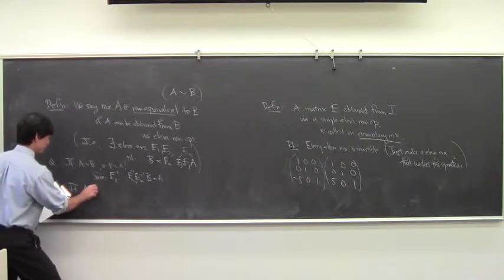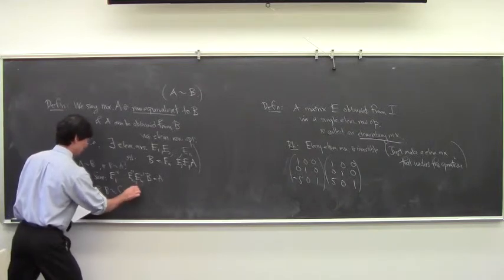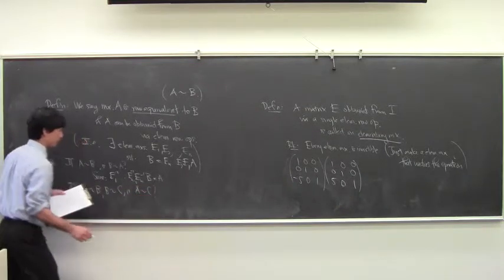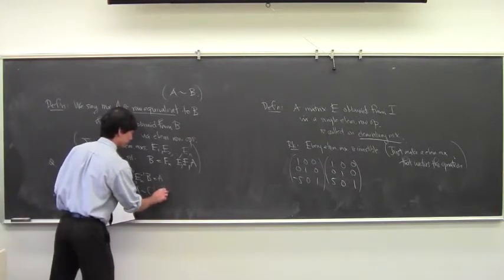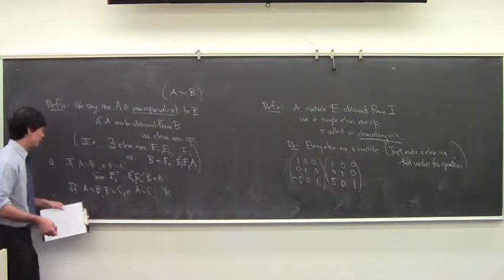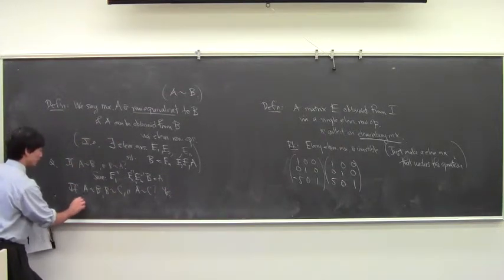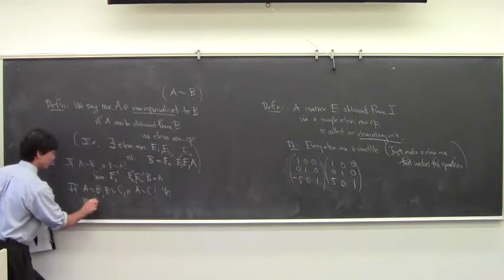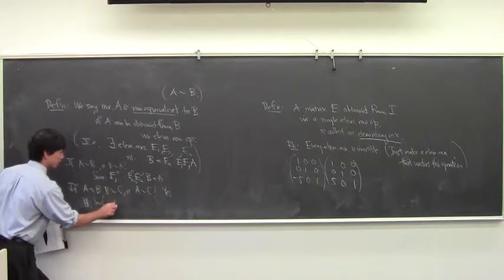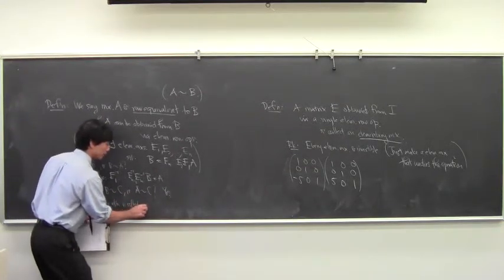If A is equivalent to B and B to C, is A equivalent to C? Sure, obvious. Such a relation is called, just as a remark, an equivalence relation.